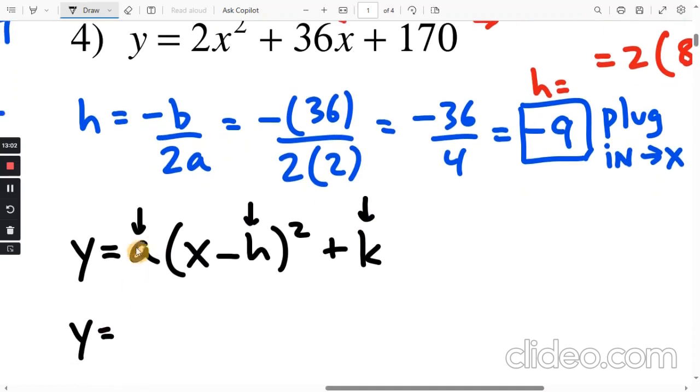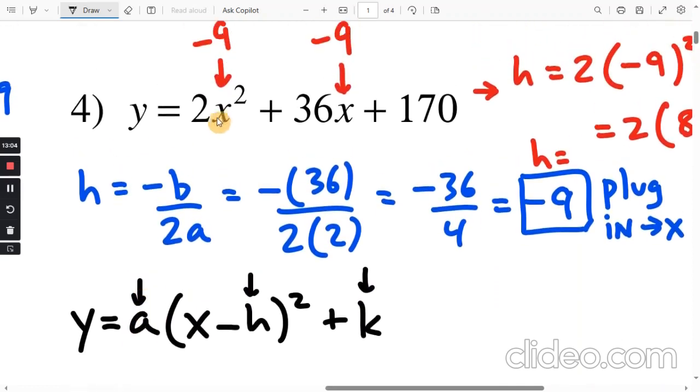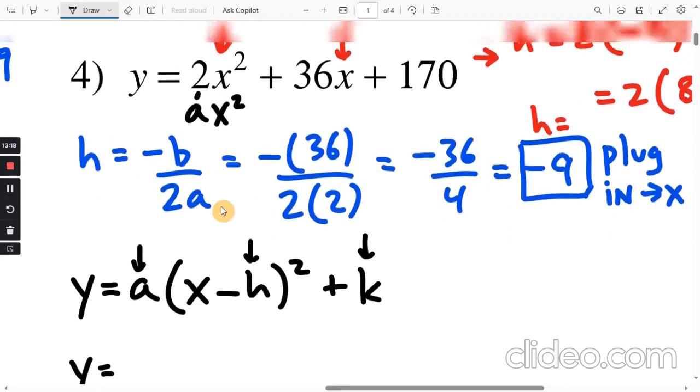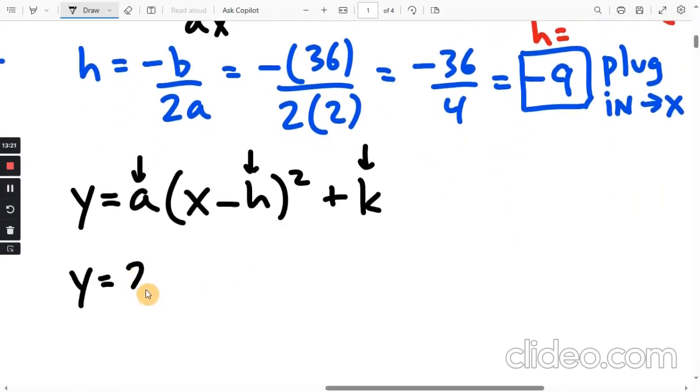So recall that a is the number that's times x squared. Remember, this equation in standard form is ax squared plus bx plus c. So the value for a is the number times x squared. That was positive 2. We used it in the equation already. So a is positive 2.